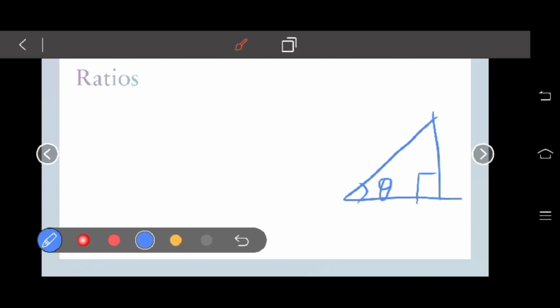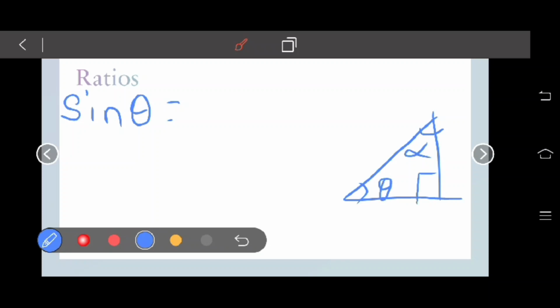The triangle which has a 90 degree angle is called a right angle triangle, and there are many things like theta, and you can take this as alpha also. So how do we derive some ratios? Firstly, sine theta. Without this theta or alpha, there is nothing. Before going into that, the first basic thing we have to learn is what the sides and parts of this right angle triangle are.